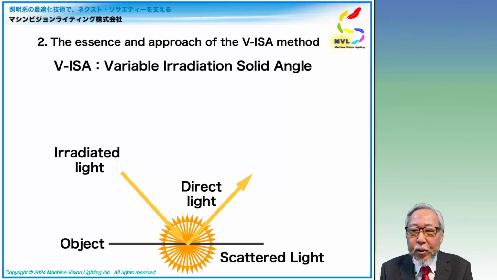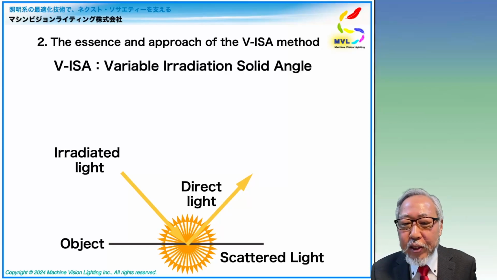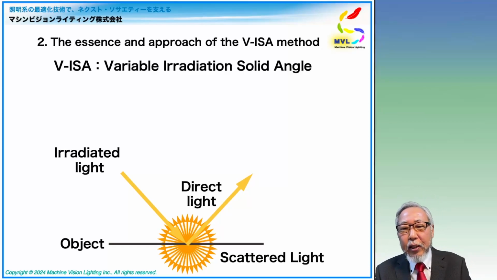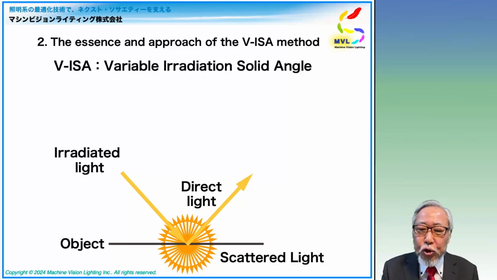In fact, most objects, which are general objects, retain this direct light and scattered light in a certain ratio. This means that if you cannot quantitatively capture this direct light, you cannot quantitatively capture the brightness of the object surface. In other words, you cannot obtain a quantitative image.